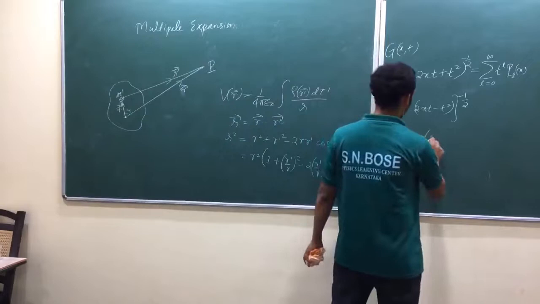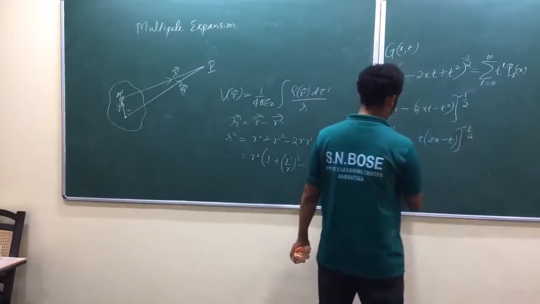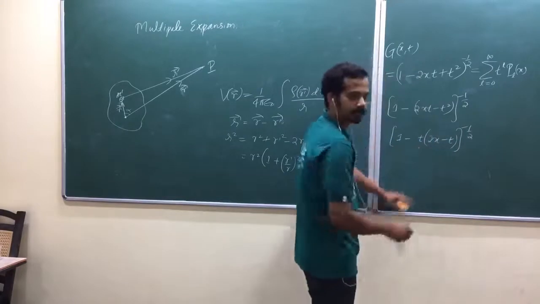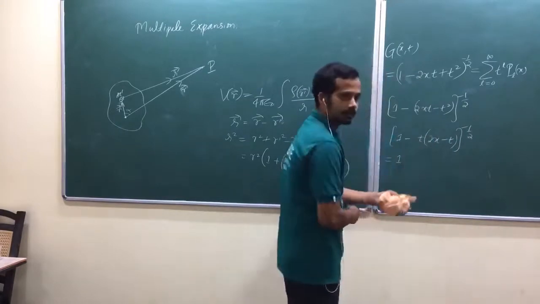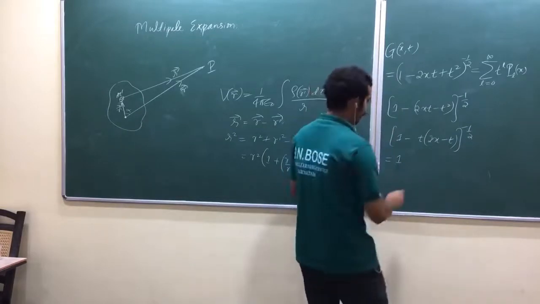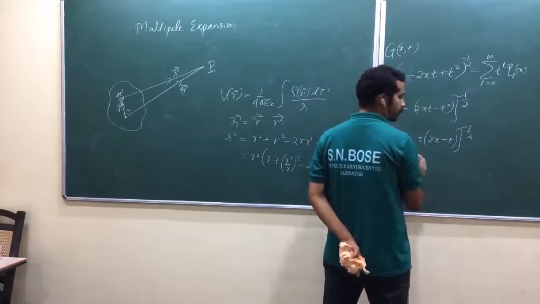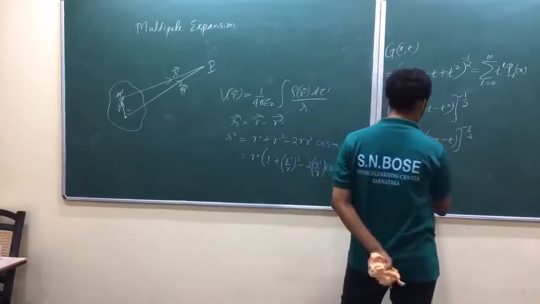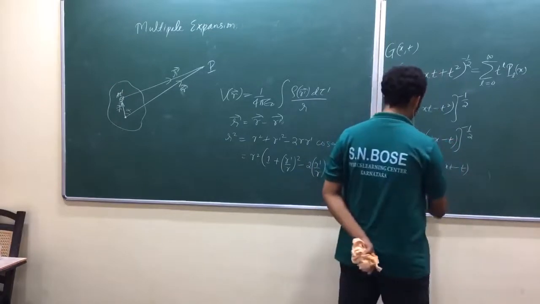If I take t outside, it becomes 2x minus t raised to 1 by 2. Am I right? We shall try to expand this one. What is the first term? 1. What is the next part? Minus half into this one, 1 plus p into x, so t into 2x minus t. So what is the next term?